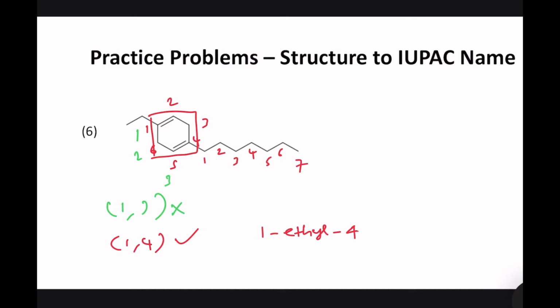So, it is like a complex substituent. So, 4 in bracket hept-1-yl, and then cyclohexa-1,4-diene. That is the correct IUPAC name for this molecule.